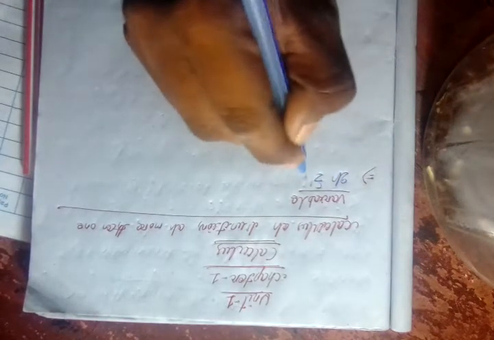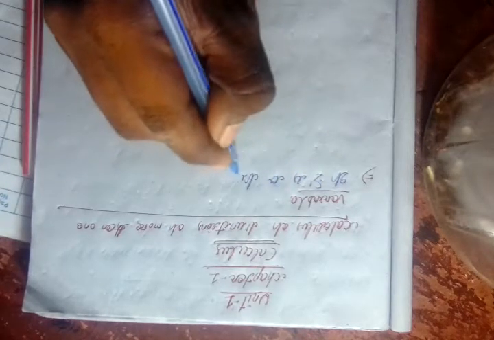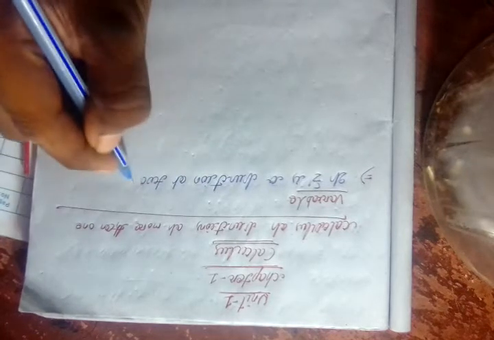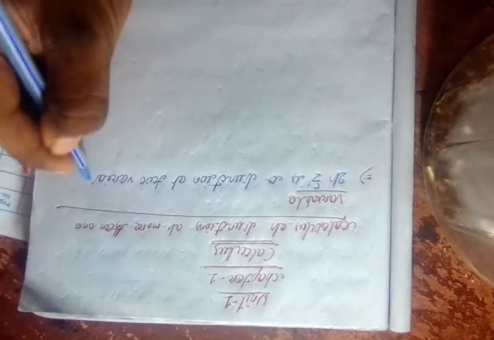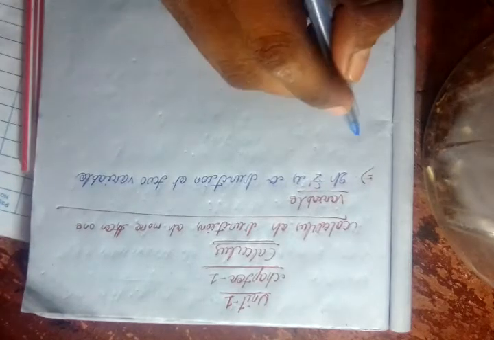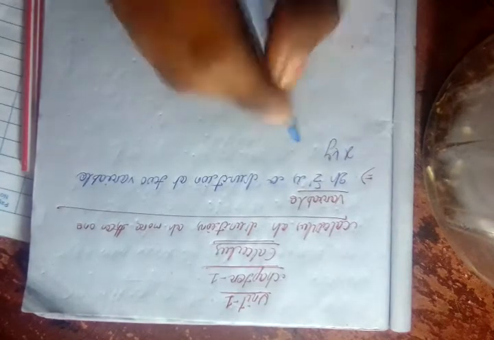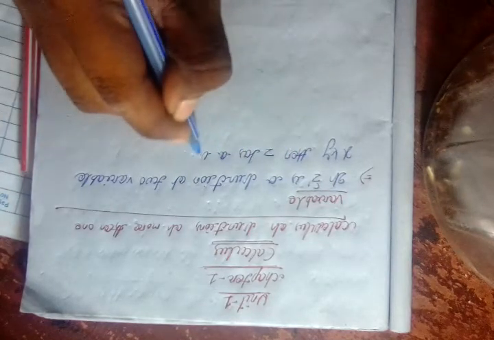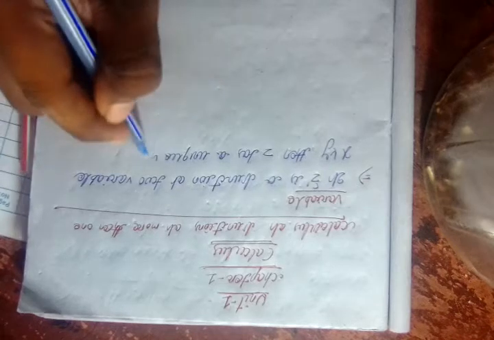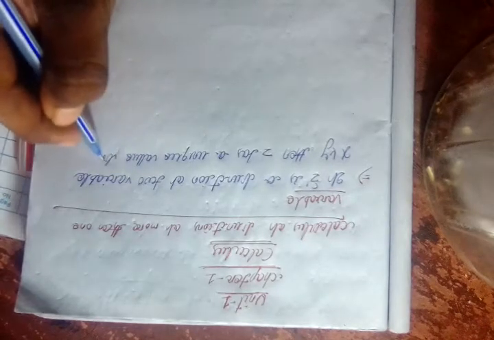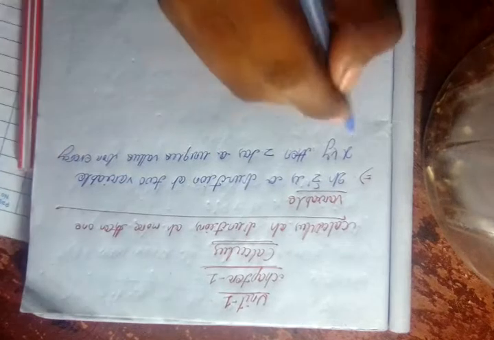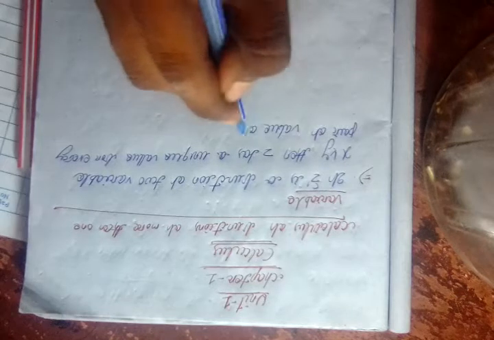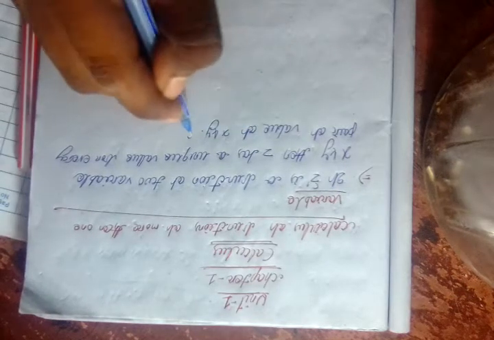If z is a function of two variables x and y, then z has a unique value for every pair of values of x and y.